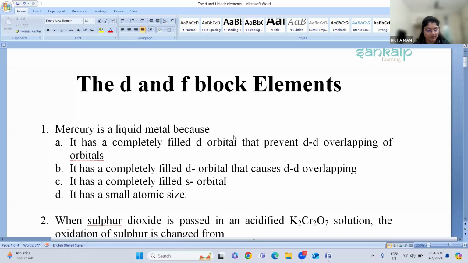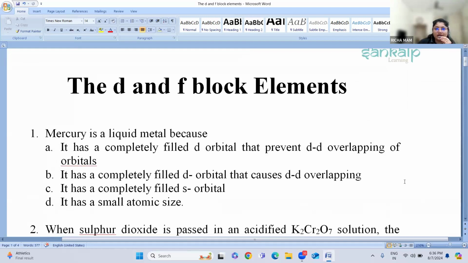Question: Mercury is a liquid metal because A, it has a completely filled d orbital that prevents d-d overlapping of orbitals. B, it has a completely filled d orbital that causes d-d overlapping.